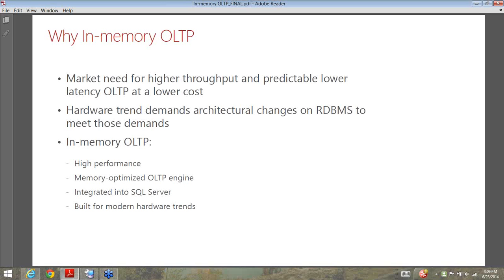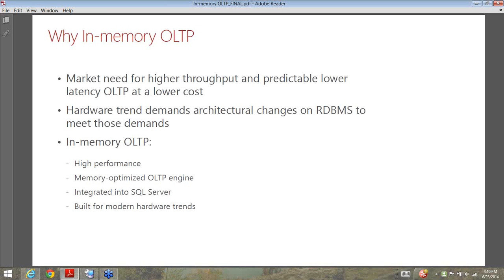Now, in the traditional SQL Server database engine, be it SQL Server 2005, 2008, 2008 R2, 2012, whatever, in all the previous versions of SQL, the database engine was originally designed at a time when it could be assumed that main memory was very expensive. It's still expensive, but not compared to the way it used to be in the early 2000s.